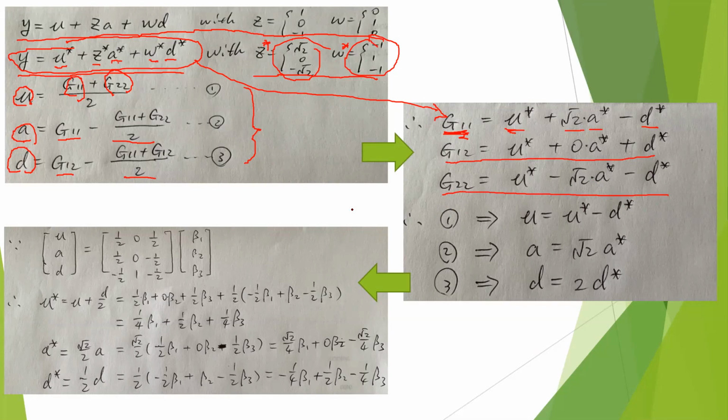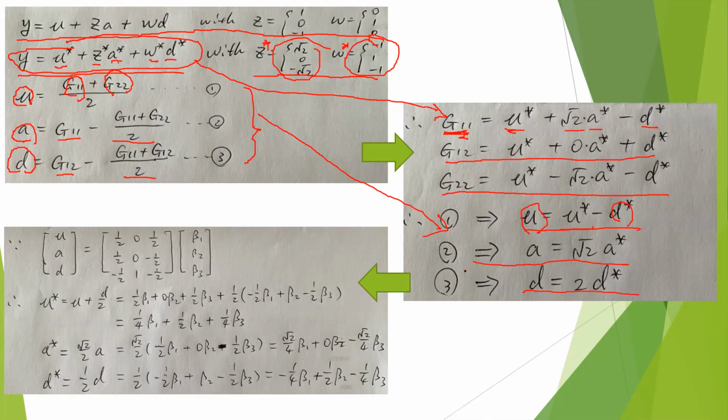Then based on equations 1, 2, and 3, we can easily get the original midpoint mu equals the new mu star minus D star, and so on. This is how we express the original midpoint, additive effect, and dominance effect using the newly defined A star and D star.